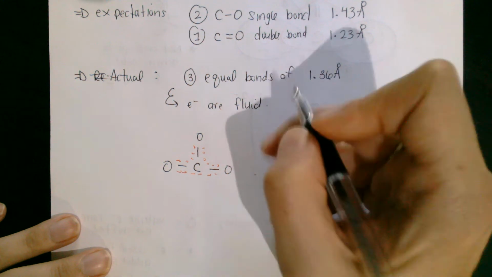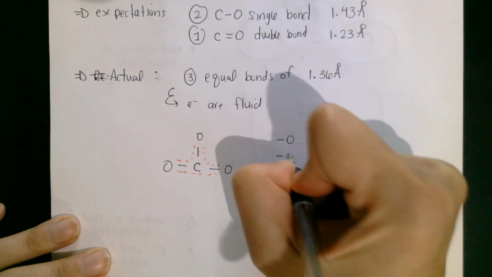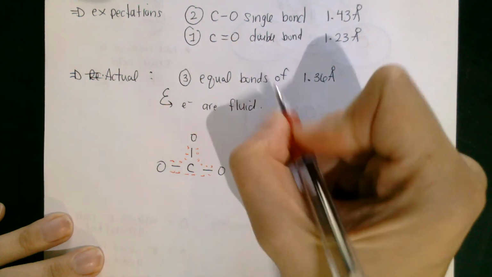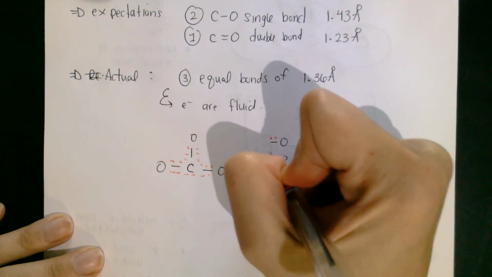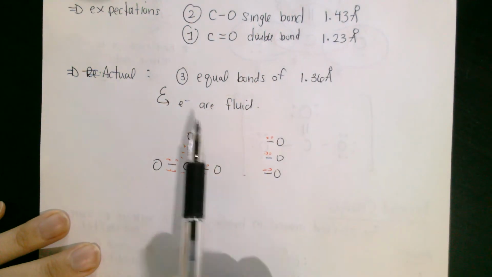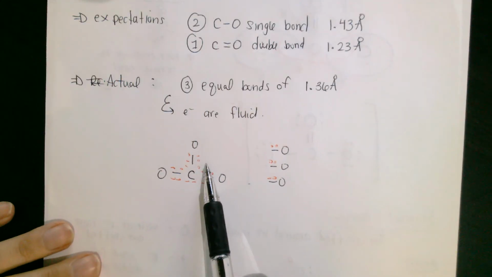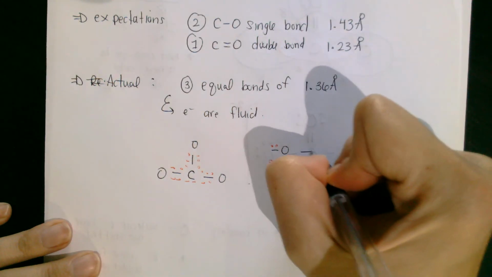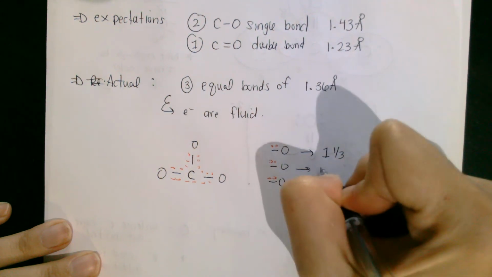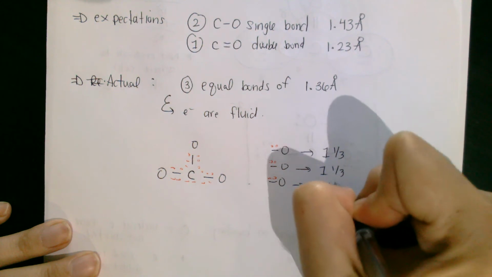Each oxygen here, 1, 2, and 3, has its single bond and then a little bit of that double bond. If you take that double bond and share it between 3, they each get 1/3 of it. So the actual bond length here is a 1 and 1/3. This one gets a 1 and 1/3, and this one gets a 1 and 1/3.